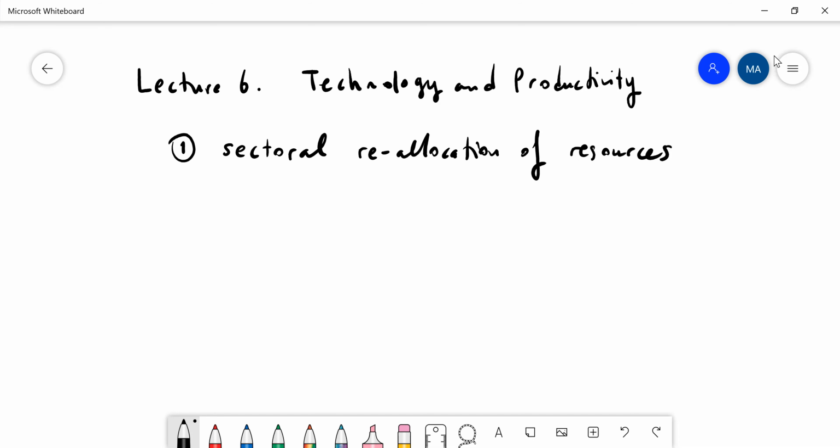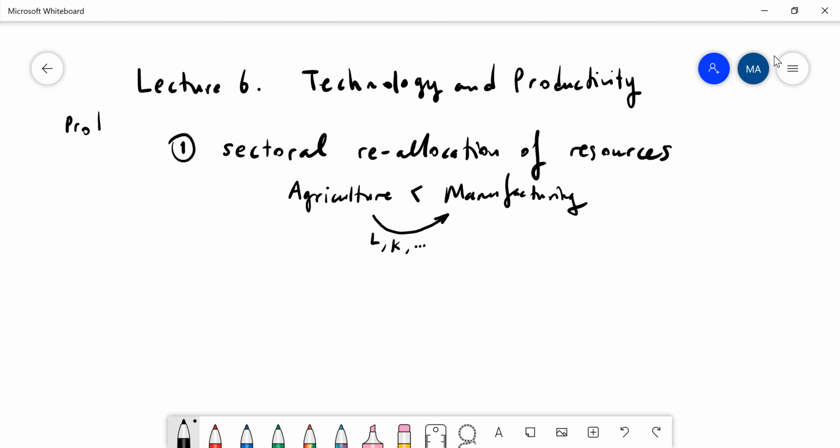For instance, if you have agriculture and manufacturing in the economy, and if manufacturing is more productive than agriculture, in terms of output, let's say, then if your resources, your labor, your capital, and other resources, are transferred in time from agriculture to manufacturing, you can have a productivity gain from this sectoral reallocation, right?